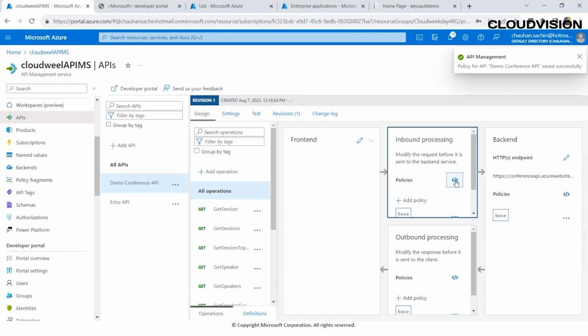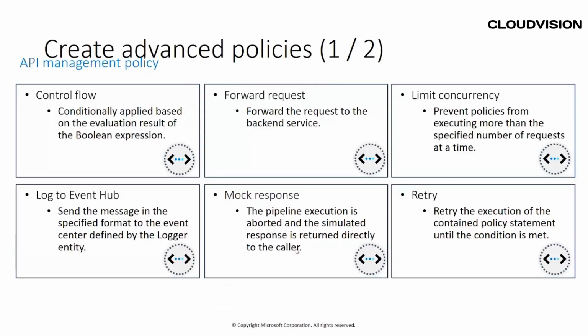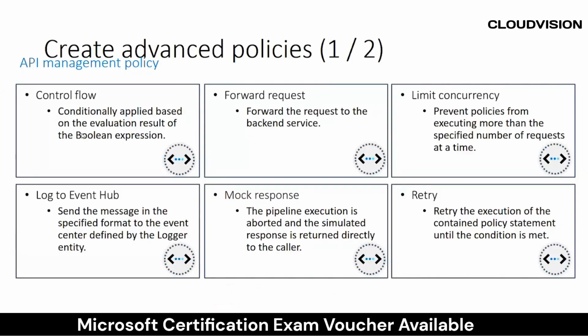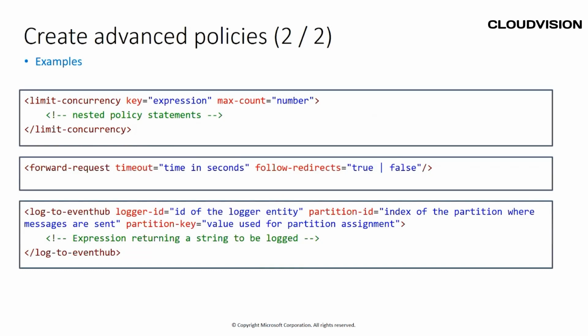So you can see that the policy is added here. Similarly, you can have other policies as we were talking about, right? So control flow, forward request, limit concurrency, and so on. So you can add the policy in the right place, inbound, outbound, depending on which policy is used where.